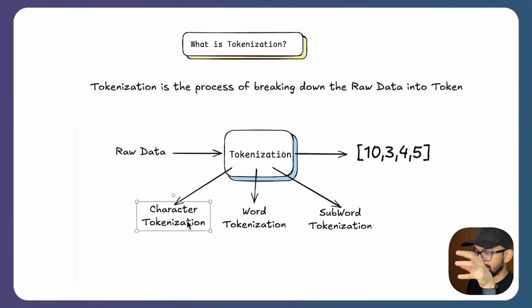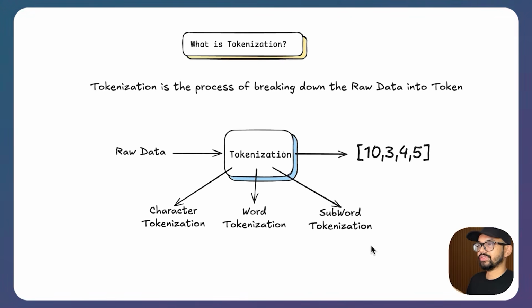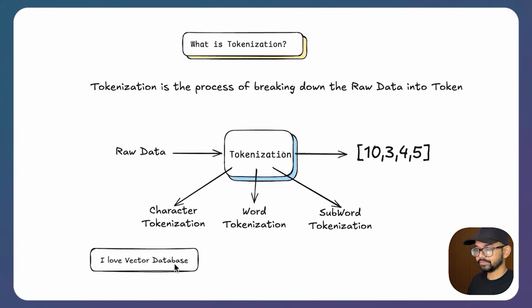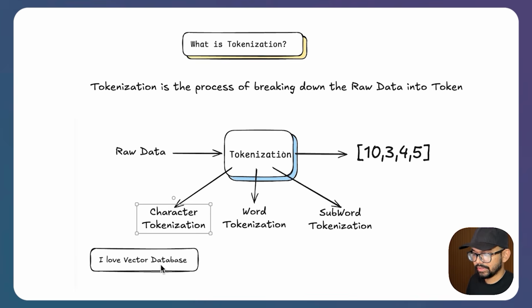So what is character tokenization? Let's try to understand these three types based on an example. Let's say I have the text, "I love vector database", as the string. In the case of character tokenization, every character is converted into a token.